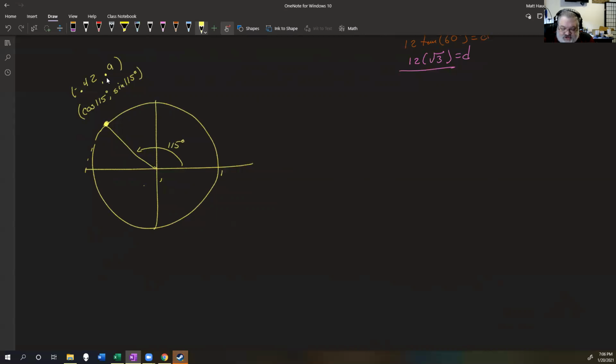Now, the disadvantage of that calculator, doing it that way, is we have decimal approximations and not exact values. And it might not seem like that big of a deal. We use decimal approximations for a lot of things in the modern world.